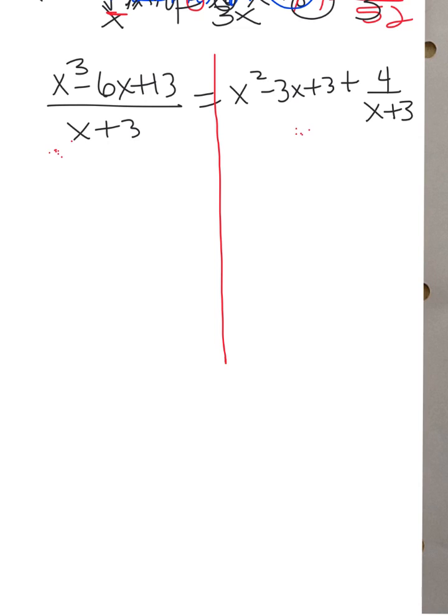All right, so it's a division problem. So it's x plus 3 divided into x to the third. Now notice there's no x squared, so you have to put in plus 0x squared minus 6x plus 13. All right, so I have an x here. I want to know what will give me x to the third, so that's x squared.